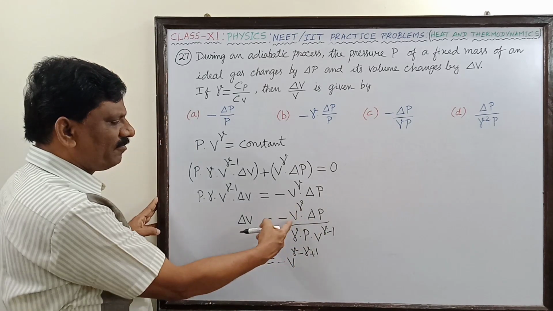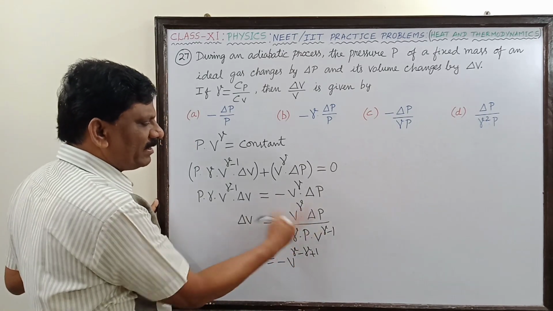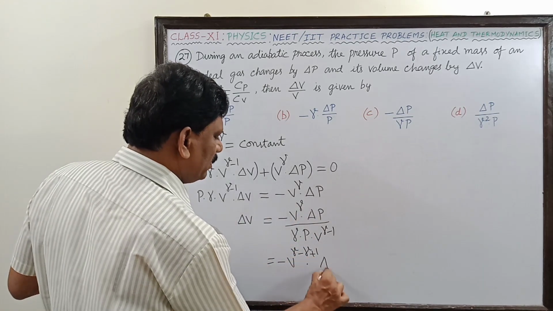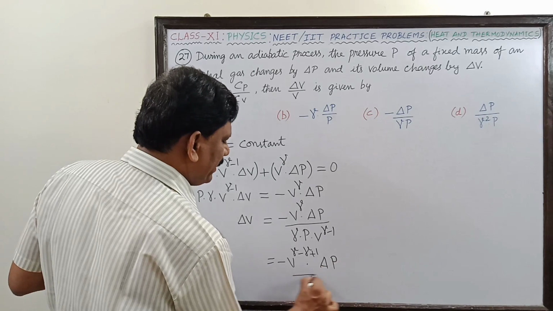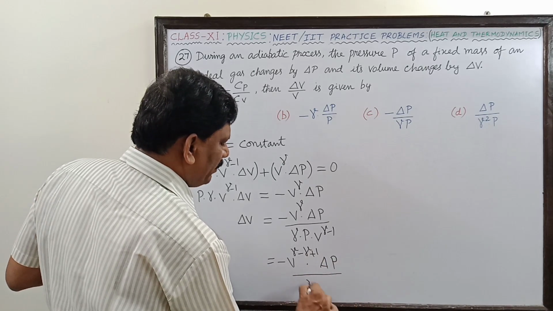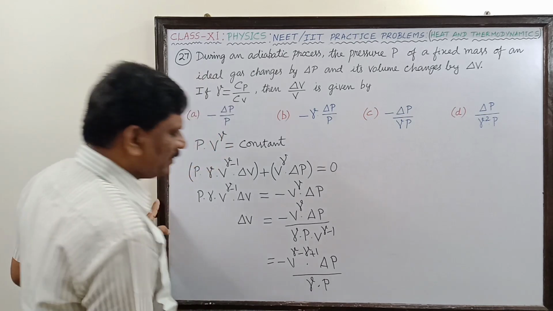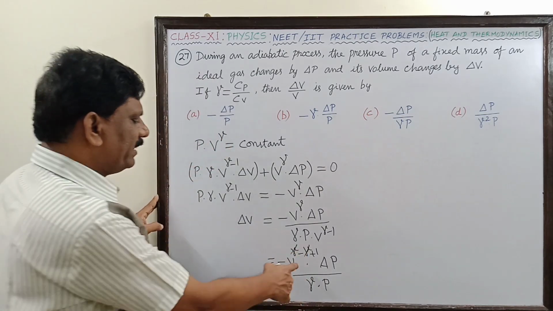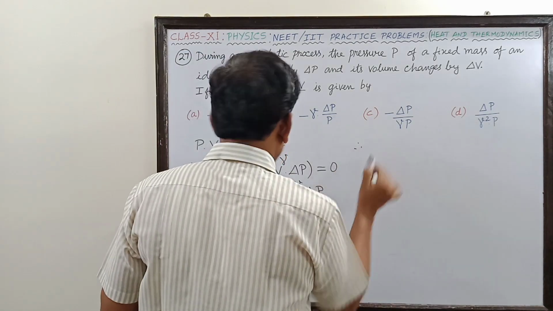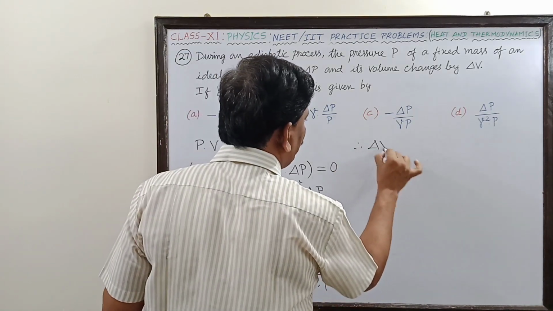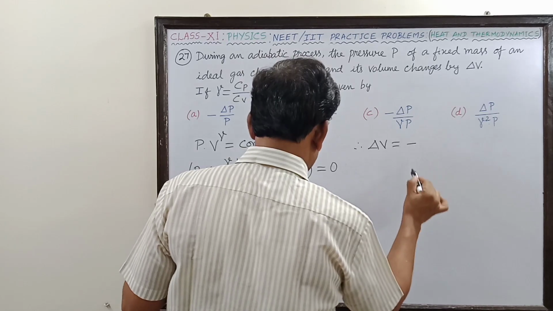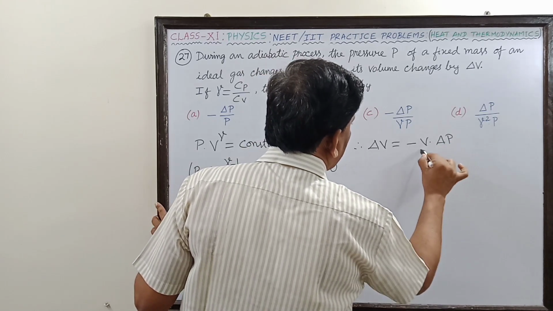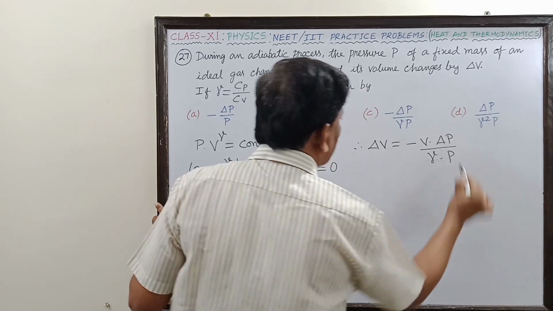The powers of V: gamma will come as minus gamma, minus 1 will become plus 1, into delta P divided by gamma times P. So the V power gamma gets cancelled, so remaining is V. Therefore, delta V is equal to minus of V into delta P divided by gamma times P.